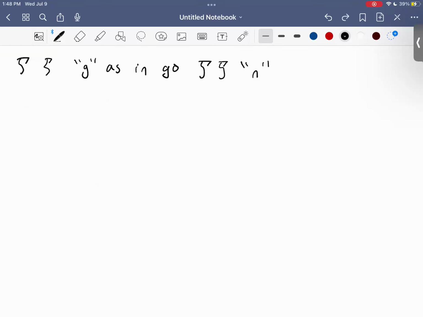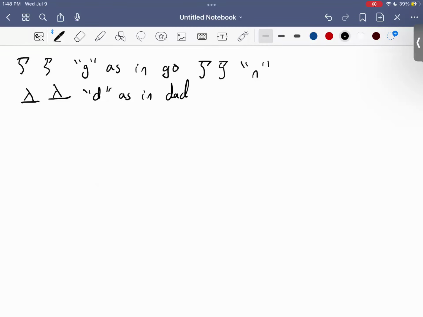Okay. The next one that we have is delta. Okay, delta. Delta, as you can likely imagine, makes a D sound. Okay, as in dad. Okay, so it makes a delta sound.